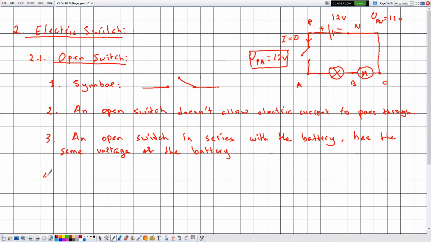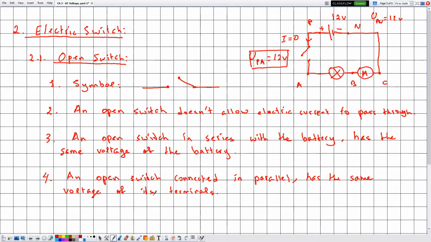Now idea number 4, that an open switch connected in parallel has the same voltage of its terminals.